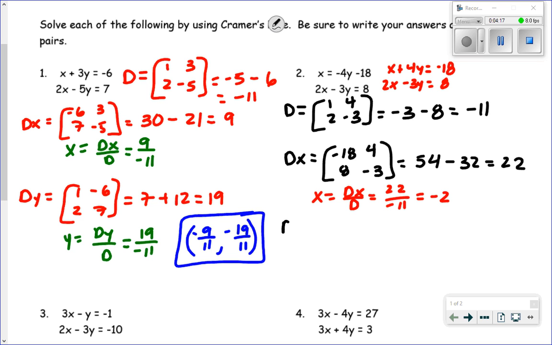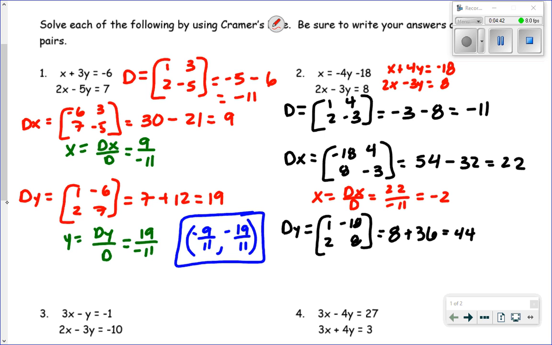Okay, now I need to find dy. So I'm going to keep the x column, so 1 and 2. Take out the y's, replace it with -18 and 8. 1 times 8 is 8. Minus -18 times 2 is -36, so that would be plus. And that would be 44.